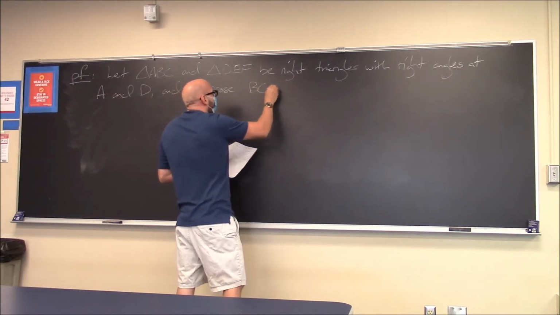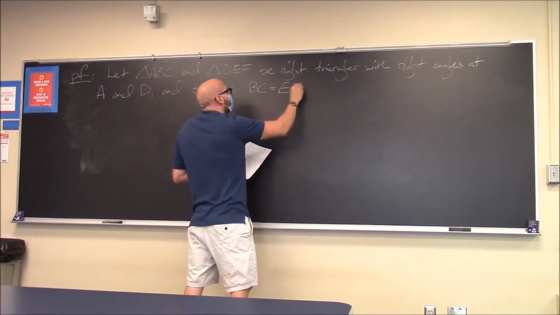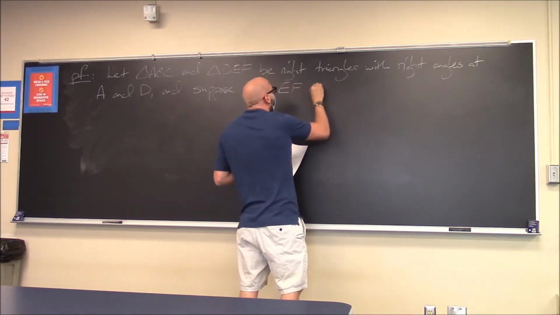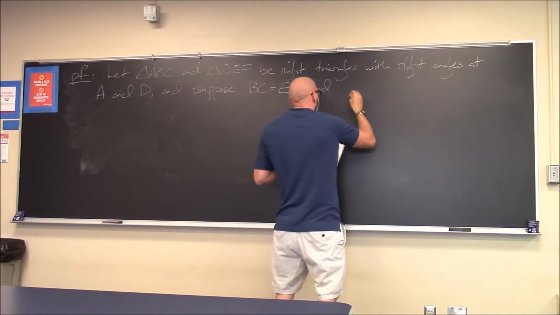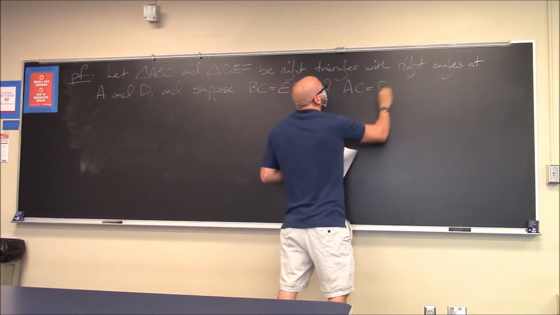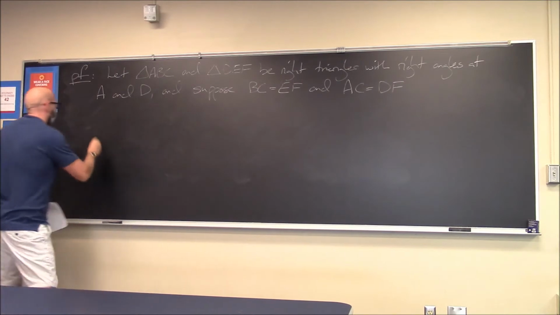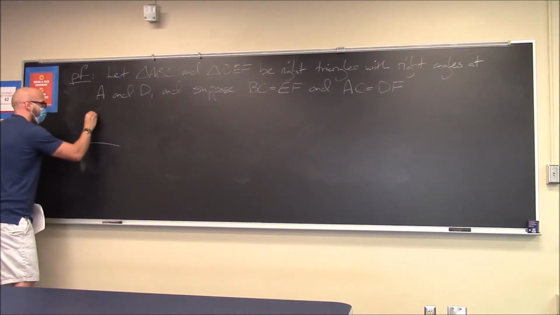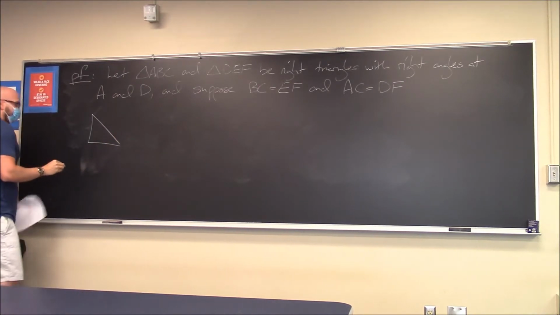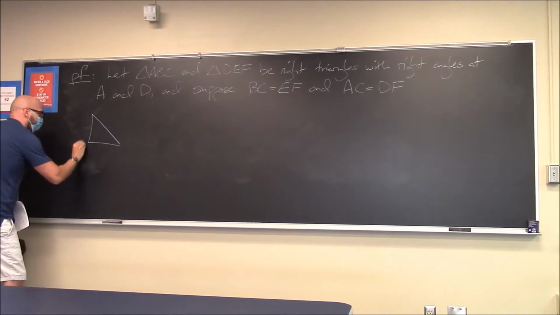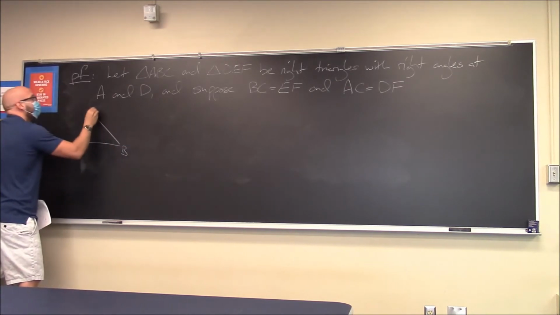Suppose BC has the same length as EF, and AC has the same length as DF. Okay. So, two triangles, ABC.